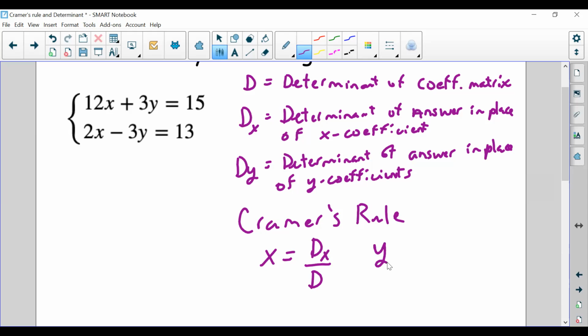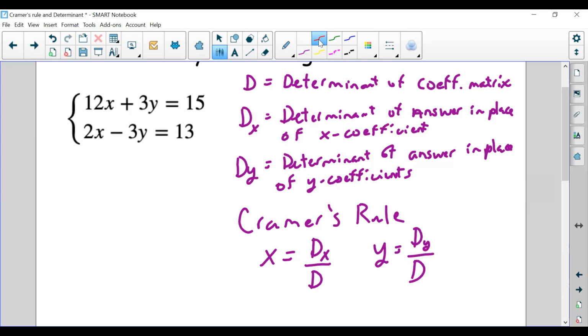To find y, you take D of y divided by D. Okay, so you just kind of got to memorize that pattern there. All right, so let's find these.